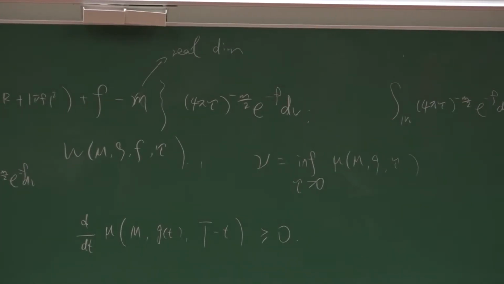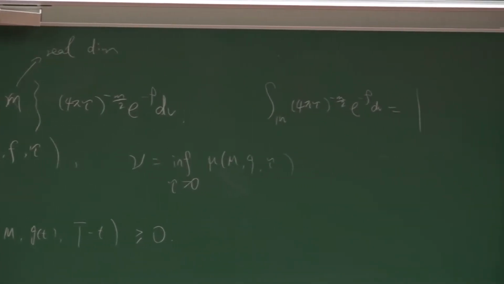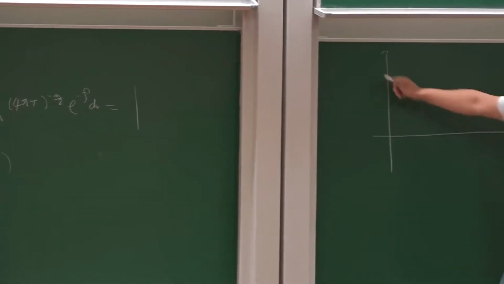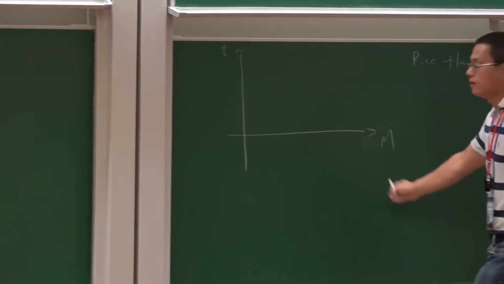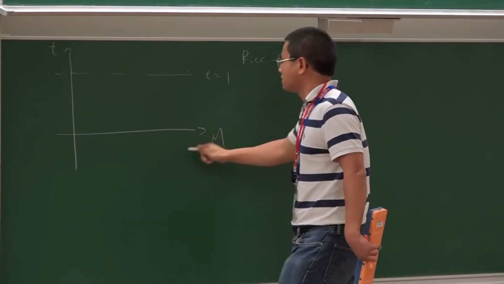Now let's apply this observation to study the local collapsing of short-time singularity. So now I have a Ricci flow. This is Ricci flow space-time. This is t, this is M. Now this is t equals 1, this is t equals 0.